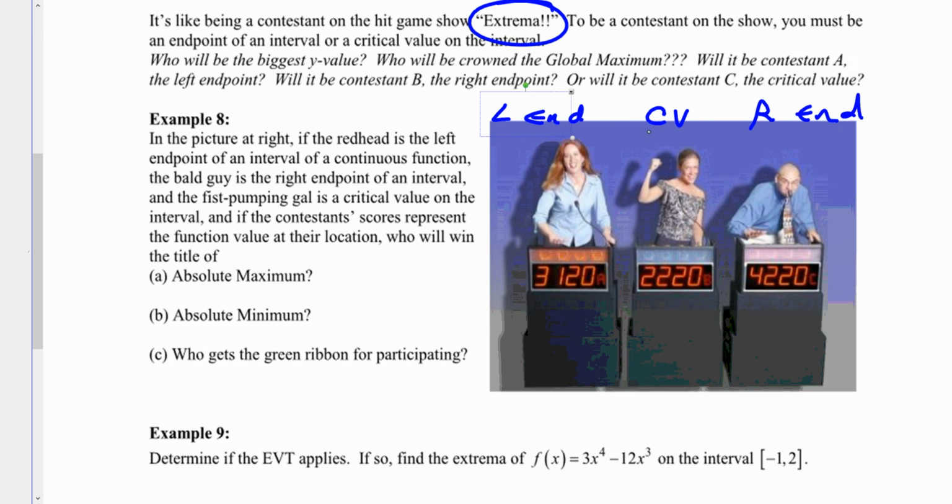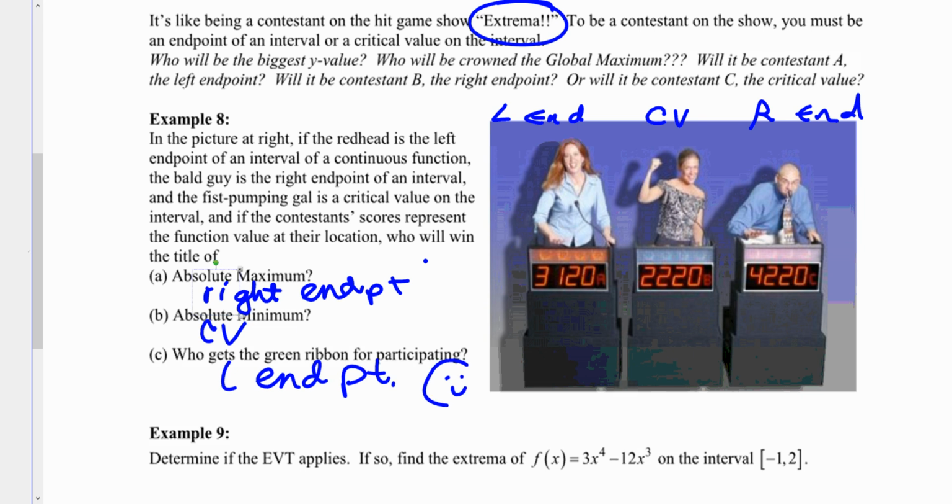Which one of these is the highest? That would be our right endpoint. Look at the y values. Which one's the lowest? That's our critical value. And the left endpoint gets a green ribbon just for participating in our silly little game.